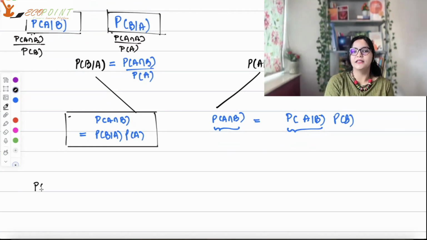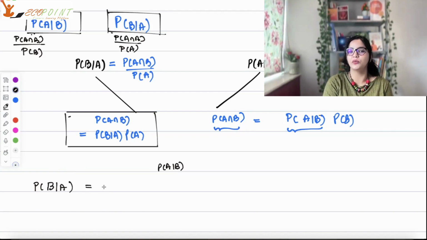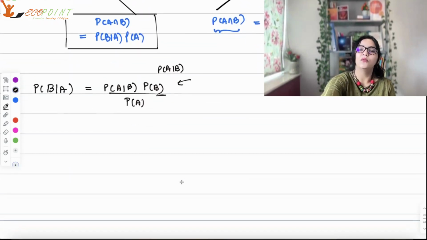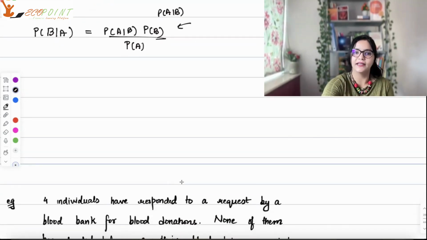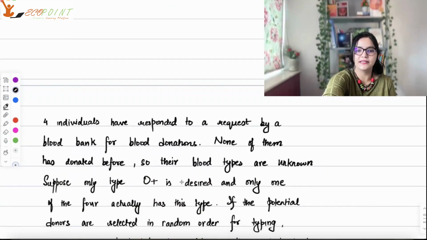Suppose the probability of A condition to B has been provided to you, you will be able to find out the probability of B condition to A as the probability of A condition to B multiplied by the probability of B upon the probability of A, because this is the intersection. Now, what is the scenario where you use it? What exactly Bayes' theorem is, is something that I will work through with you further.